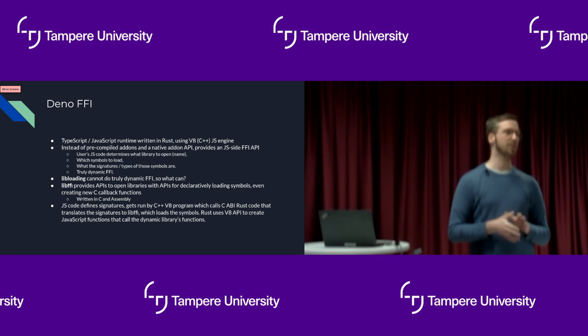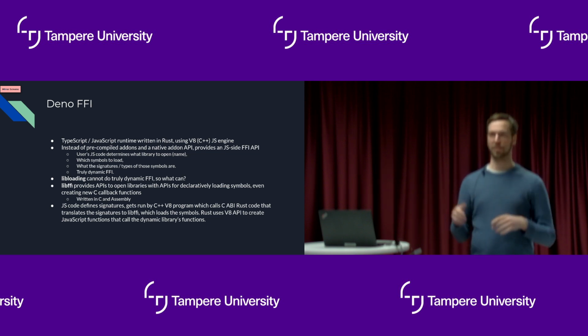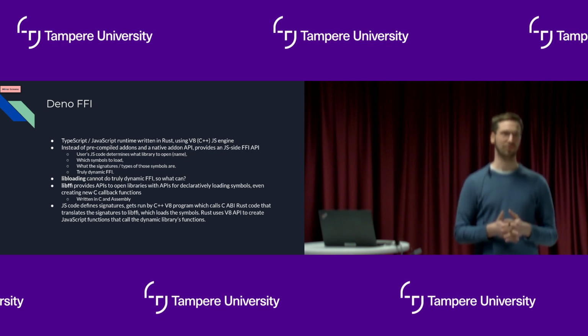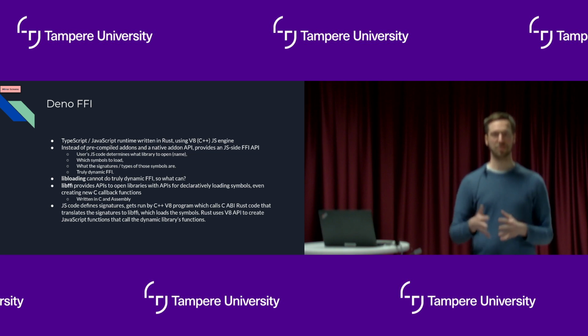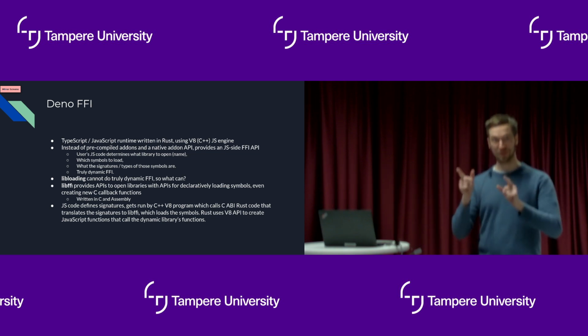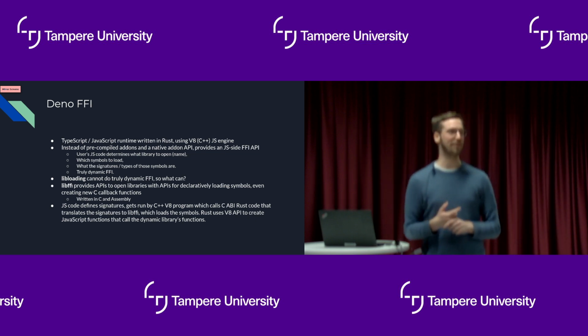And it provides a declarative API for loading FFI libraries and getting their symbols and so on. It also has some great features like creating C callbacks. Like C++, you have callbacks, Rust, you have lambdas, and so on. But what about C? Yes, we can do that if we write assembly, and that's what libffi does for us.